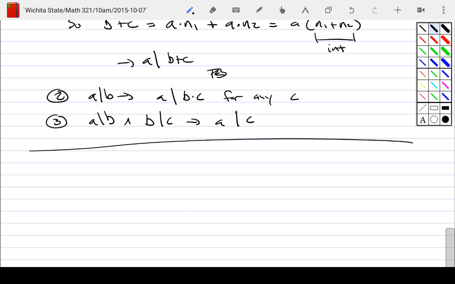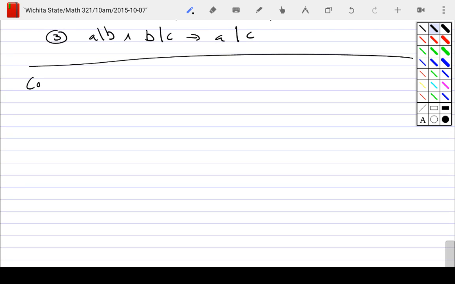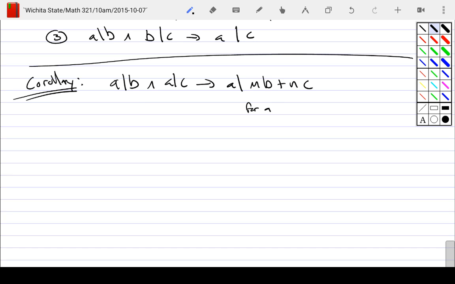If I put all of those together, we would get a corollary, which is that if A divides B and A divides C, therefore A divides MB plus NC for any M, N integers.